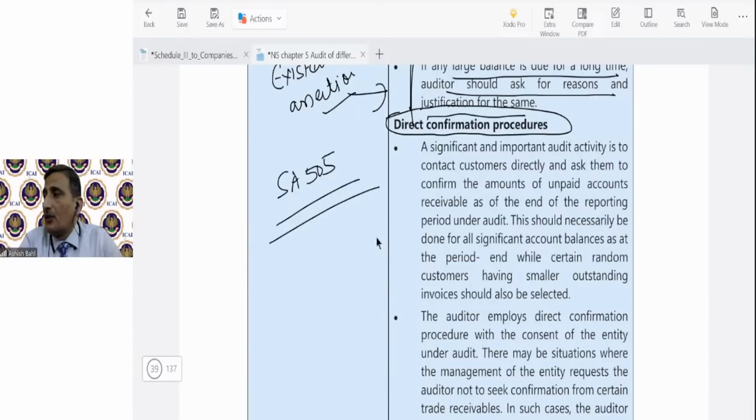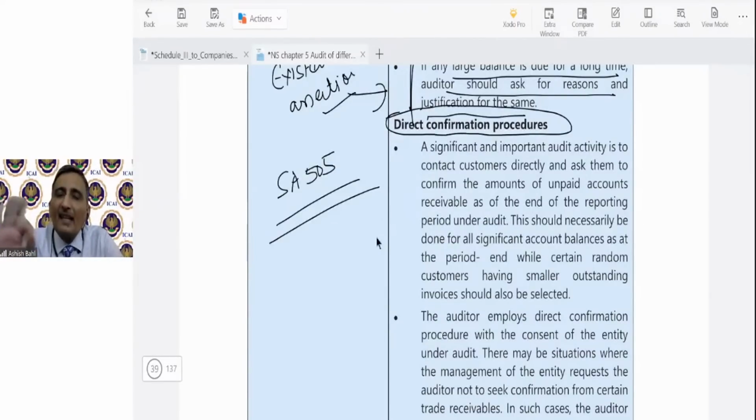And you are also writing about accuracy. Yes, Zahida, first of all, you have to remember that accuracy assertion as a term is not used in the context of account balances.